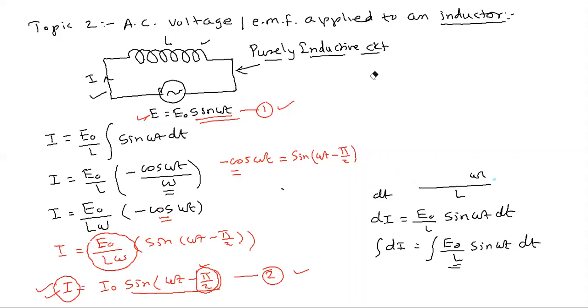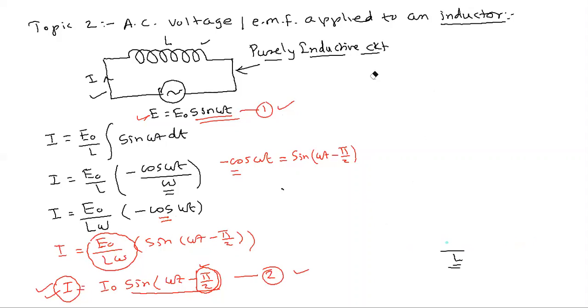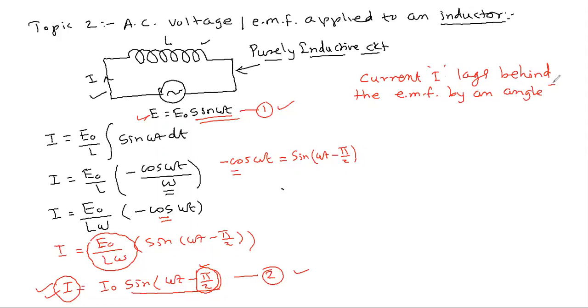So I can write the relation between current and voltage in terms of leading or lagging: the current lags behind the EMF by an angle pi by 2.